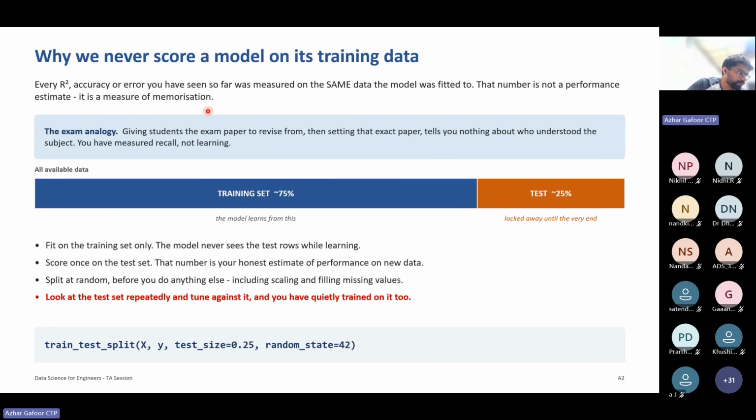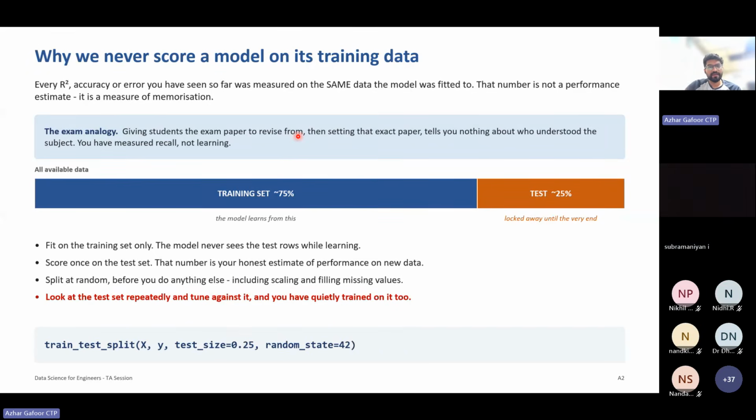Take the classic example of an exam. Giving students the exam paper to revise from and then setting the same exact paper does not tell us whether the student has learned anything or is just memorizing. That is the same thing that happens with our models.